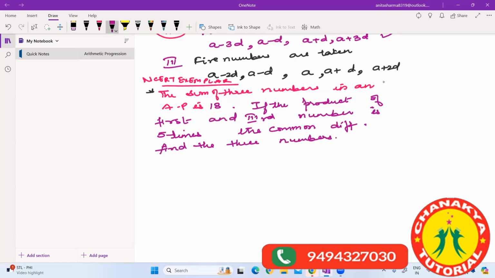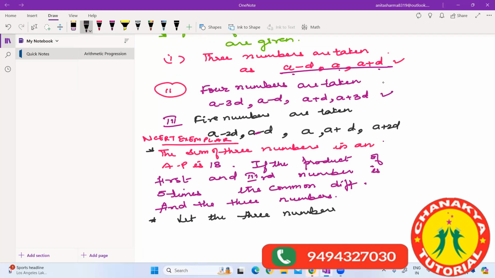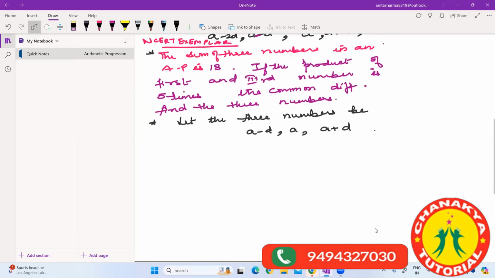And I have already told you that if the sum of three numbers in an AP is given, then you have to suppose your three numbers are A minus D, A, A plus D. So you will suppose, let the three numbers be A minus D, A, A plus D. Got it, children? You have to suppose the numbers like this only.